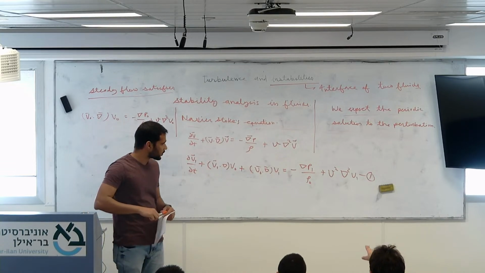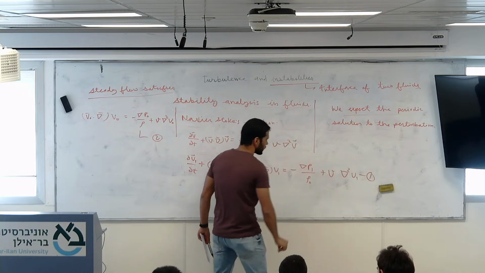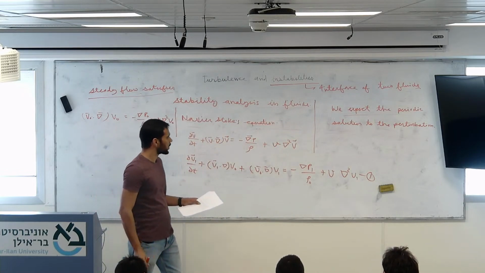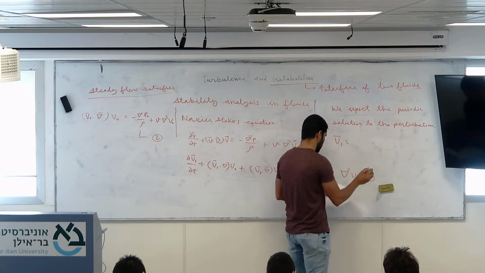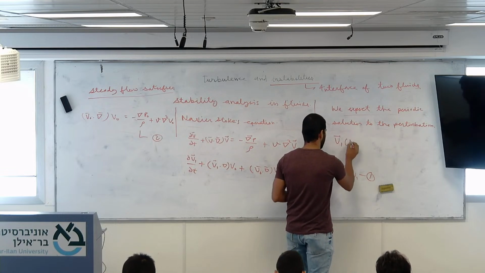Mu is supposed to be squared in 1? No, it's not squared. Okay. So the solution that we expect depends on space and time.